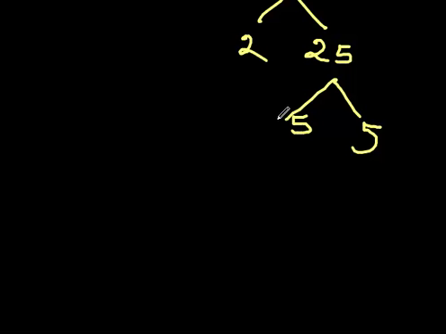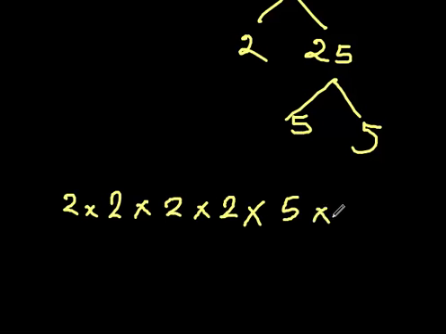So I need to write all these prime numbers down as a product: 2 times 2 times 2 times 2 times 5 times 5. As an index form, 2 times 2 times 2 times 2 is 4 lots of 2, so it's 2 to the power of 4 times 5 to the power of 2. Okay, that's the index form of that.